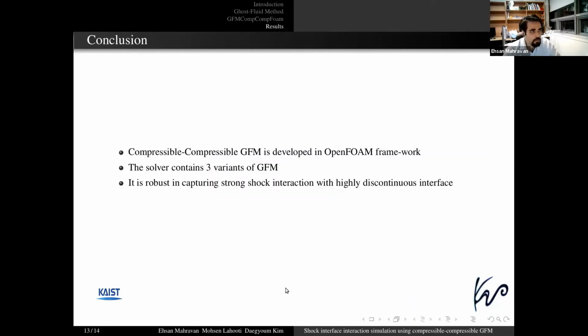So to sum up my presentation, I've developed the compressible GFM solver. To the best of my knowledge, this solver hasn't been developed within the OpenFOAM framework before.